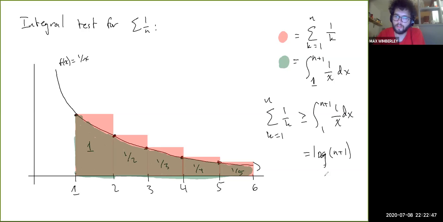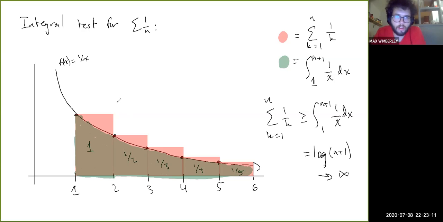So this approaches infinity, which forces the sum to approach infinity as well. So that's the idea of how the integral test applies to the harmonic series, or as you can probably imagine, many series whose terms are given by the values of some function which you know how to integrate.